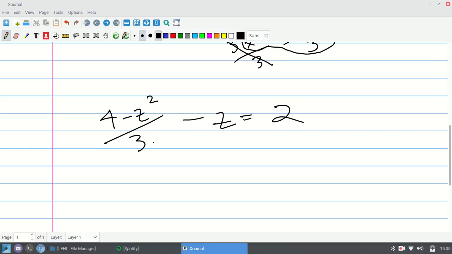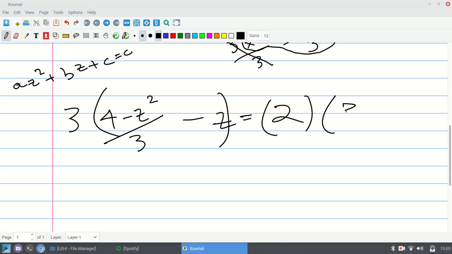To solve, I need the standard form quadratic, like a z squared plus b z plus c equals 0. I need that form, so this is looking nasty right now. I can't have a 3 on the bottom, so I multiply both sides by 3.